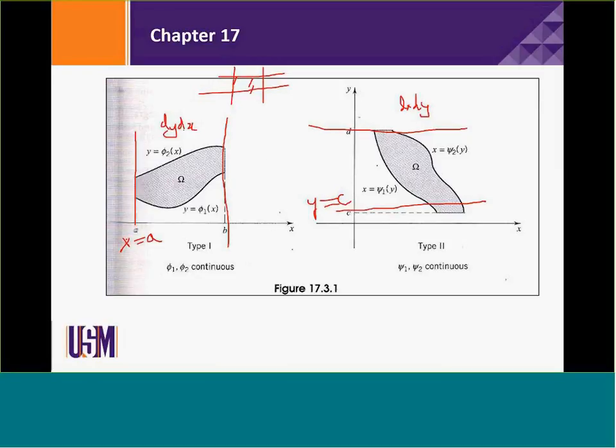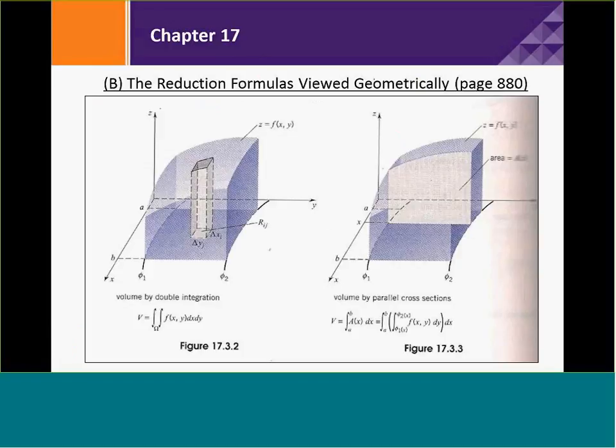Okay, let's look at the graph. It means if you have a square or rectangle, this is your region R, and then here is any curve, that is Z, the curve.